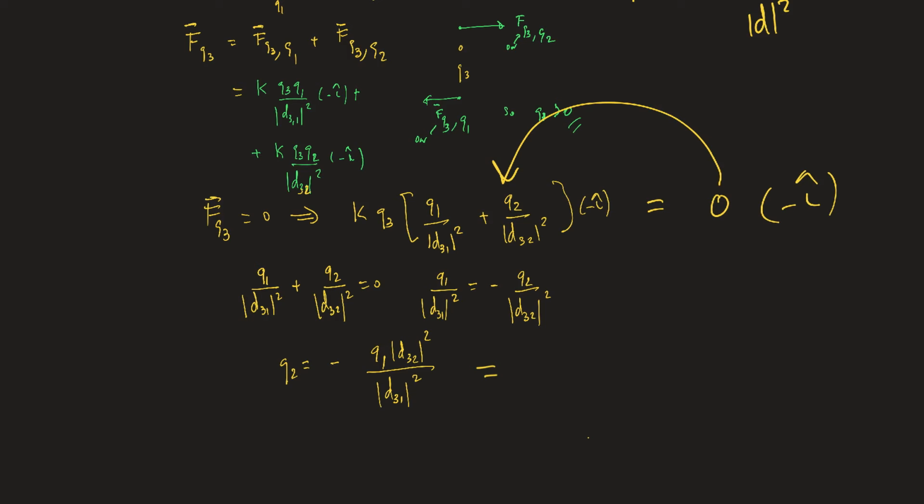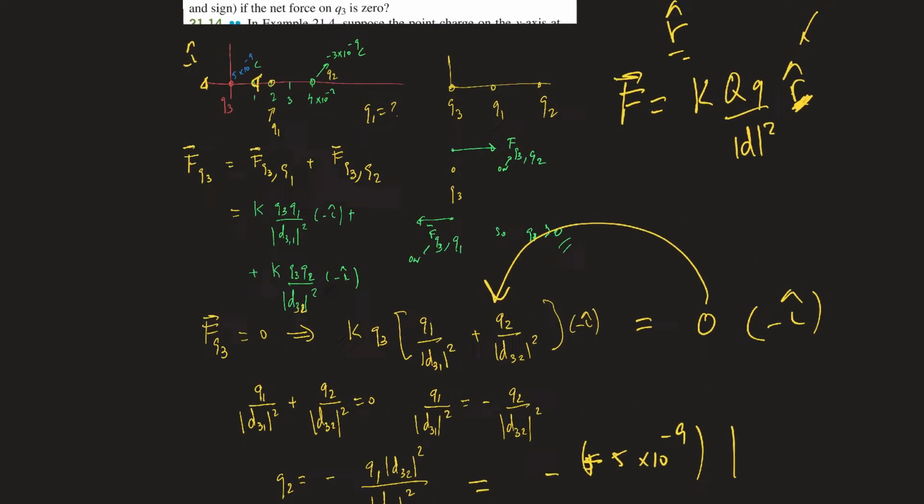Q2, that is what it's asking us, is minus 5, the minus is this minus, Q1 is plus 5 by 10 to the minus 9 by the distance D32 squared. It was, I don't remember, 2 centimeters.